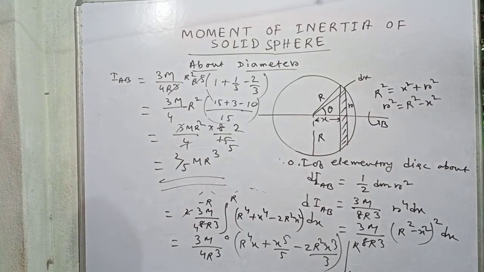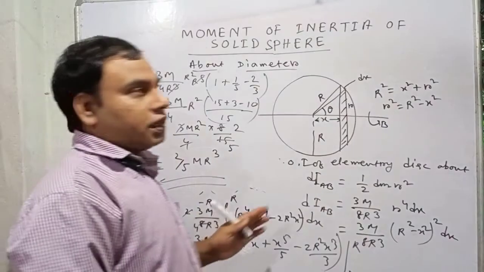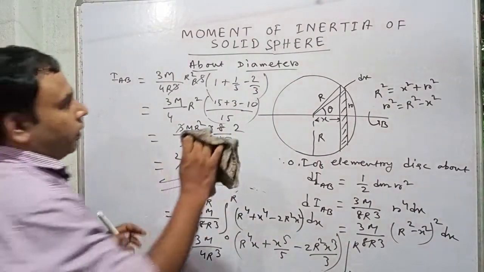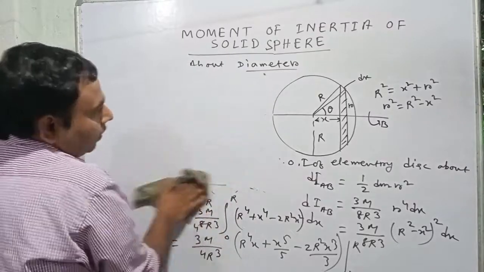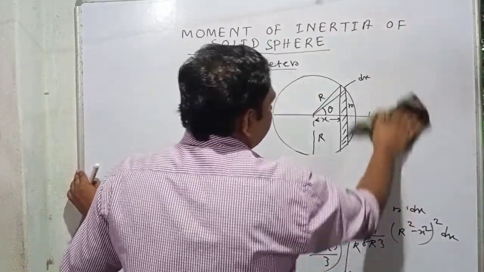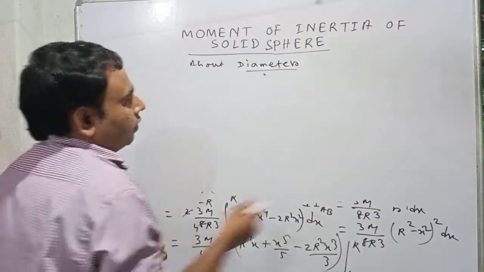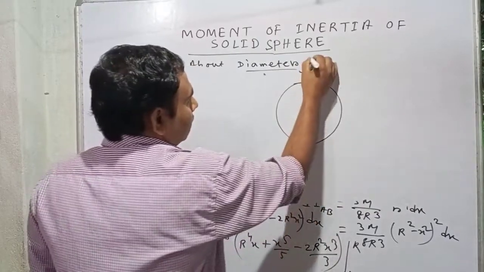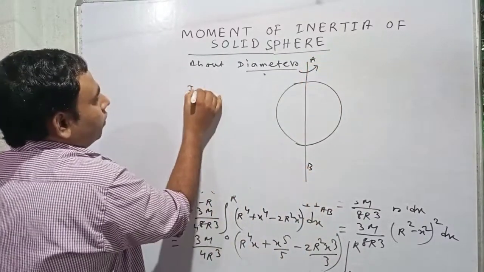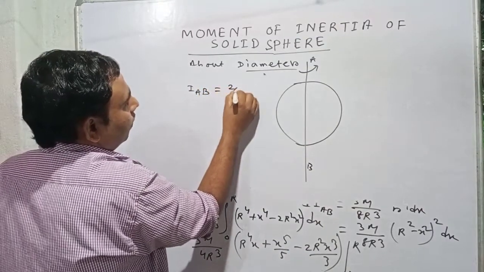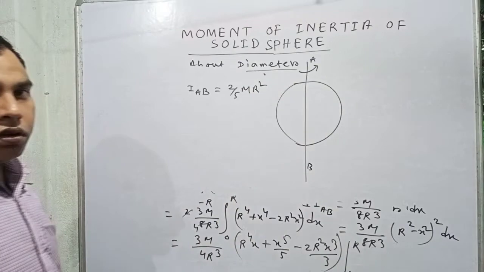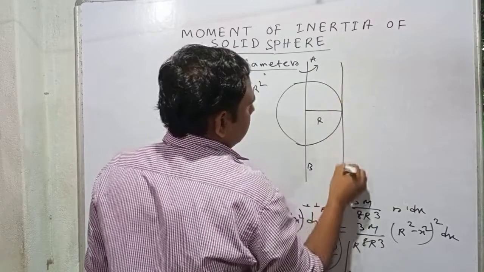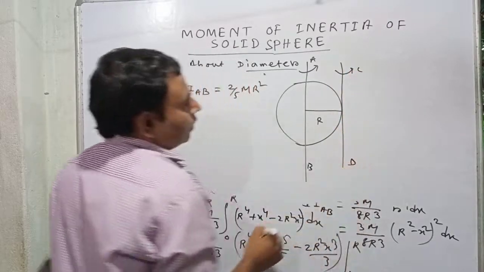If we calculate the moment of inertia about any tangential axis of the solid sphere, we apply the parallel axis theorem. If this is the diameter AB, the moment of inertia about axis AB equals 2 by 5 m R square, where m is the total mass and R is the radius of the solid sphere, and this is the tangential axis CD.